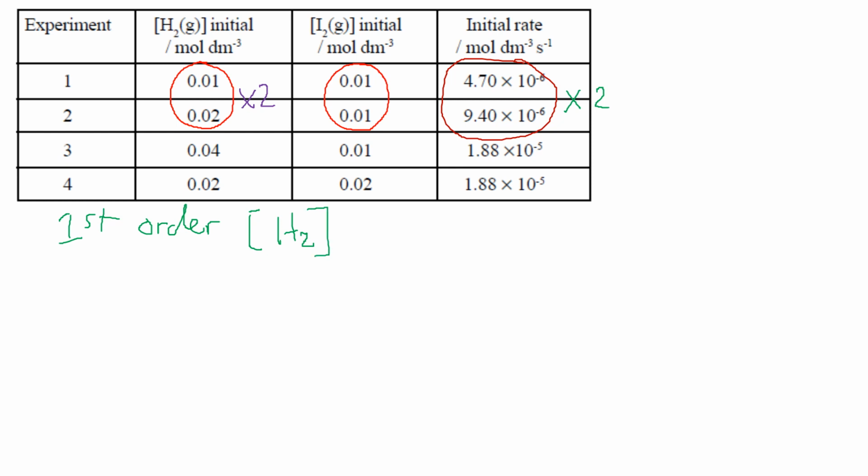And now we need to find a pair of experiments where the hydrogen is constant, but the iodine changes. So what I'm going to do is focus in on experiments 2 and 4, because the concentration of the hydrogen is constant, but the concentration of the iodine has doubled.